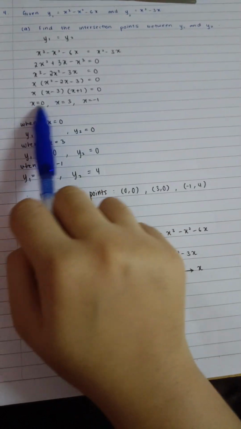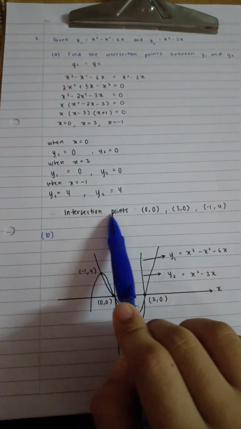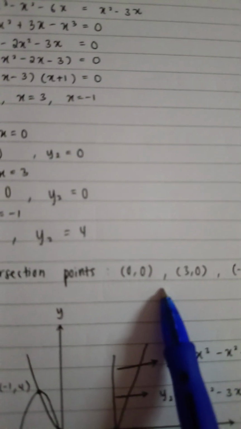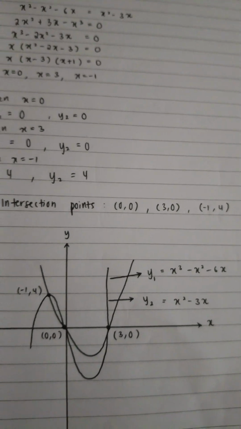Now we will have to substitute this into the y equation, any of it, to find the intersection points. And we will get the intersection points are 0, 0, 3, 0, and negative 1, 4.